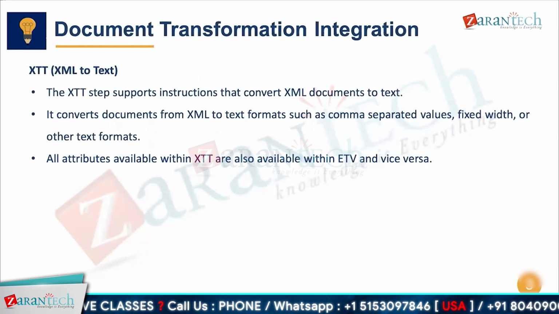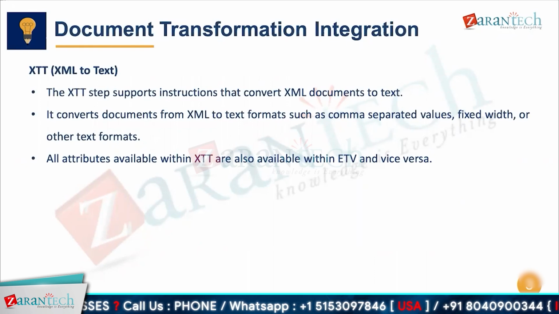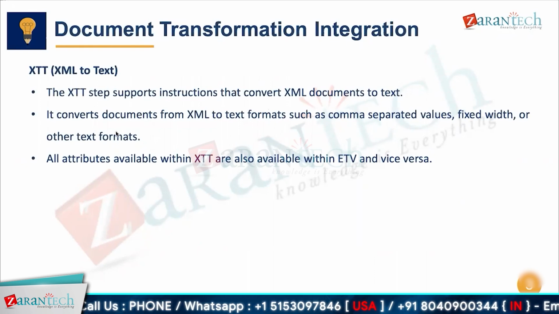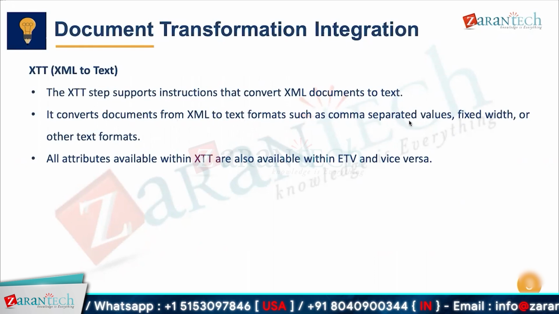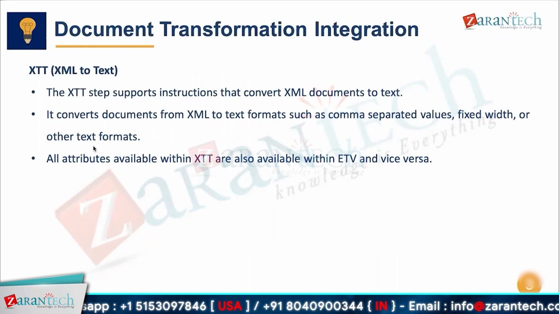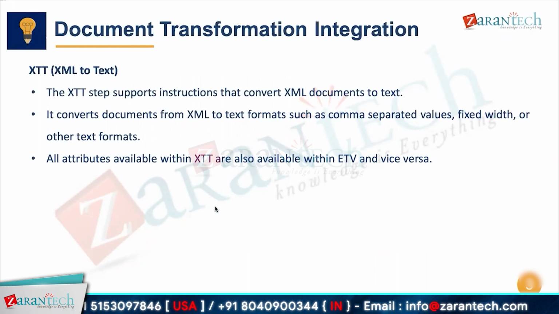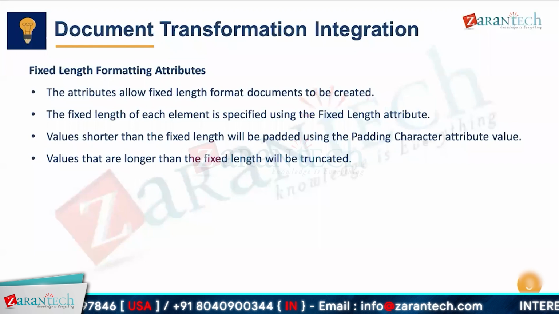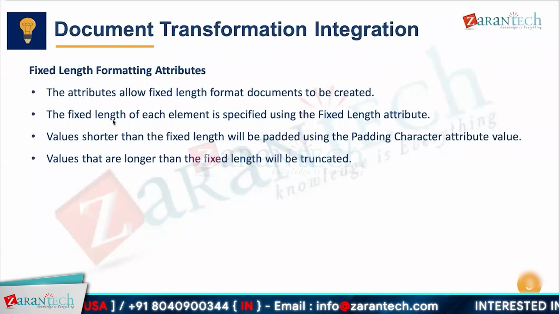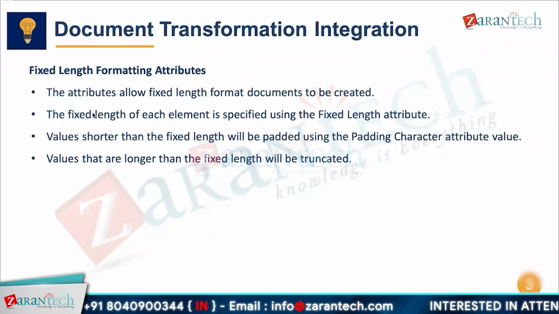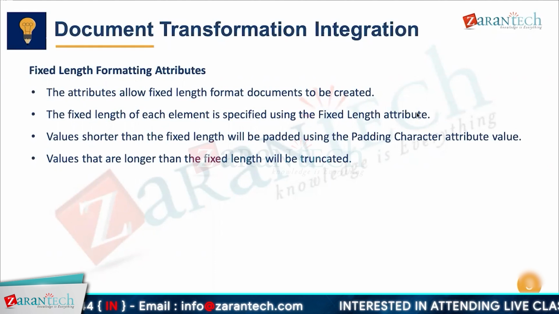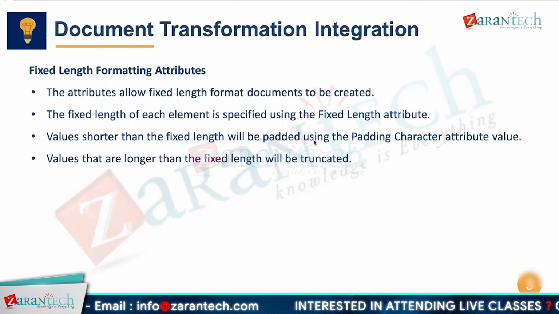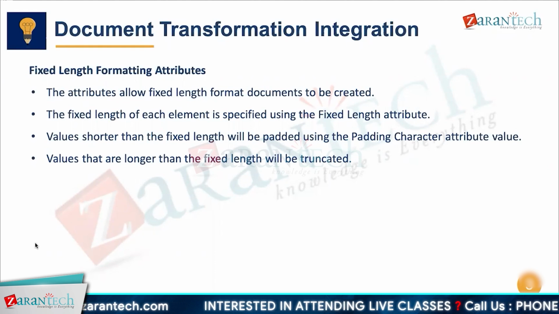The XML to text step supports instructions that convert XML documents to text. It converts a document from XML to a text format such as comma separated value, fixed width, or other text format. Fixed length formatting: the attributes allow fixed length format documents to be created. The fixed length of each element is specified using the fixed length attribute. Values shorter than the fixed length will be padded using the padded character attribute value.